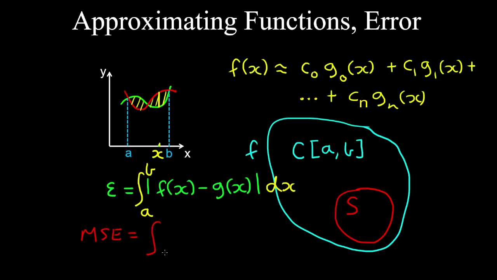So what we can do is integrate from a to b, and our integrand is f of x minus g of x squared, and that's integrated with respect to x.